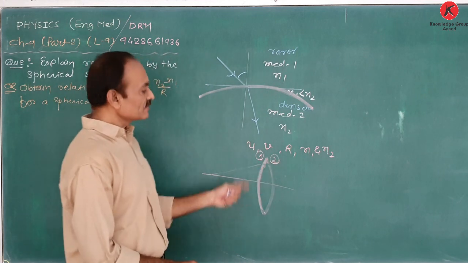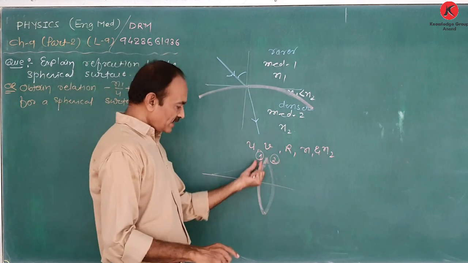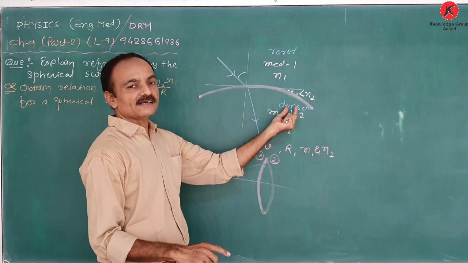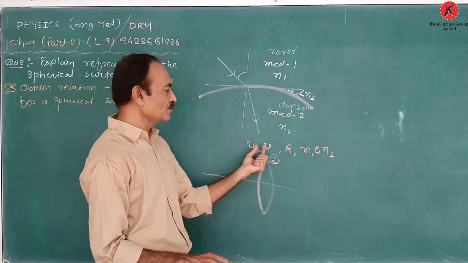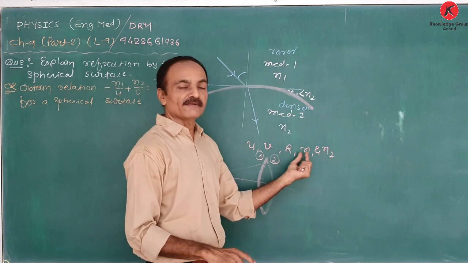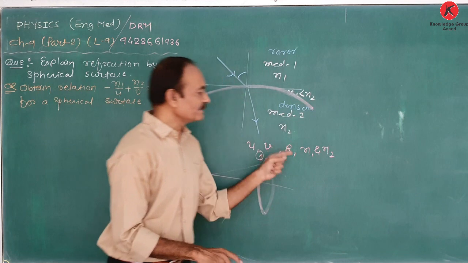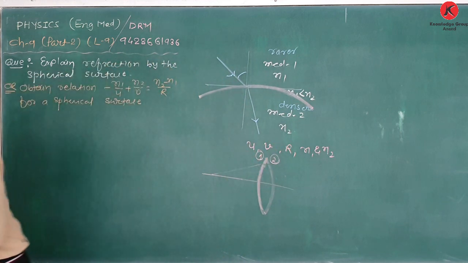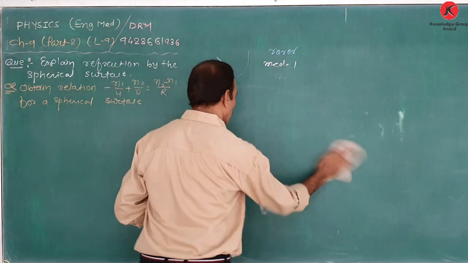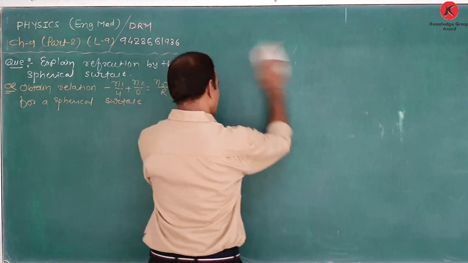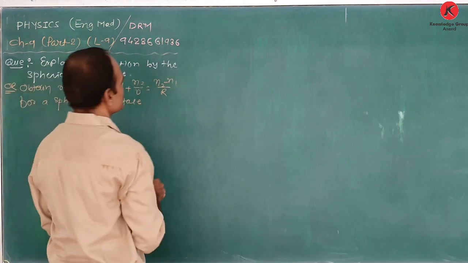Due to that reason, for our discussion of the lens, we start first with refraction by a single curved surface, and the relation between u, v, R, and n1 and n2, the refractive indices of the media. For that purpose, first we have to understand the diagram for refraction at a spherical curved surface.